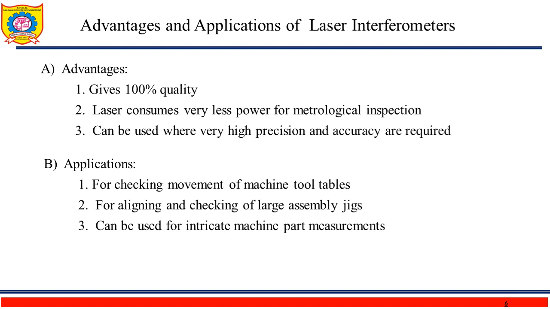Second is the applications of laser interferometers for checking the movement of machine tool tables. Second one is for aligning and checking of large assembly jigs. And third is it can be used for intricate machine part measurements. So these are the advantages and applications of laser interferometers.